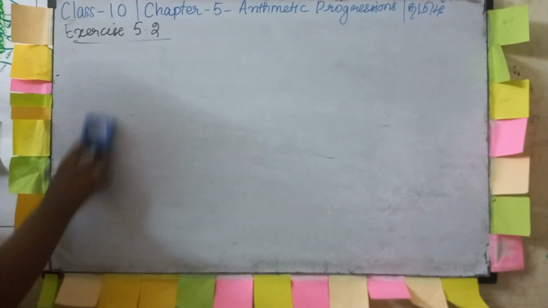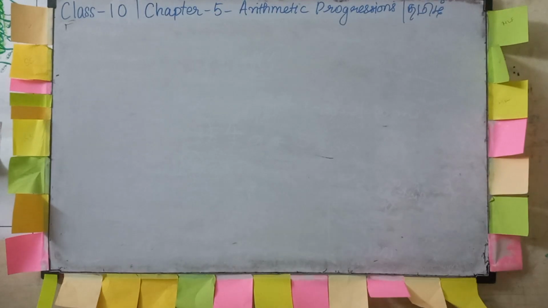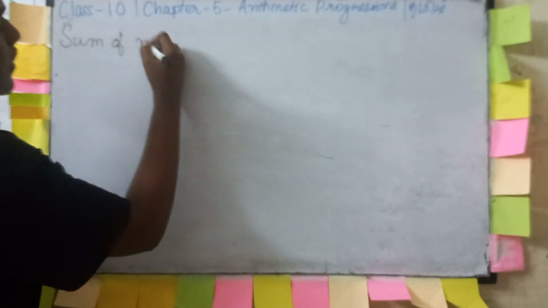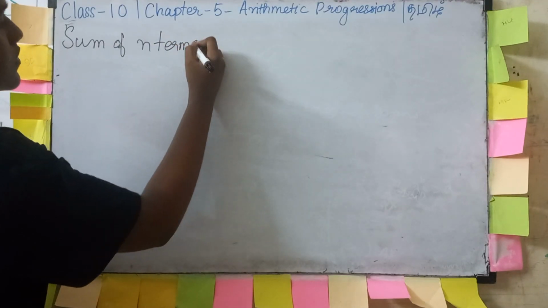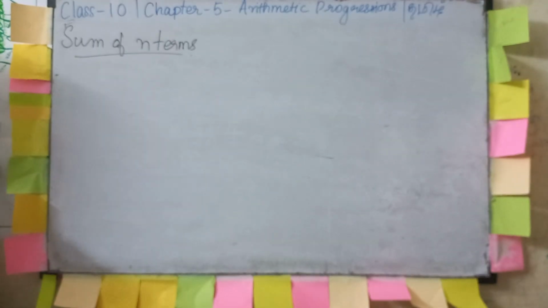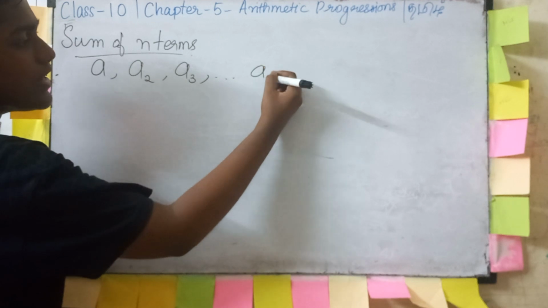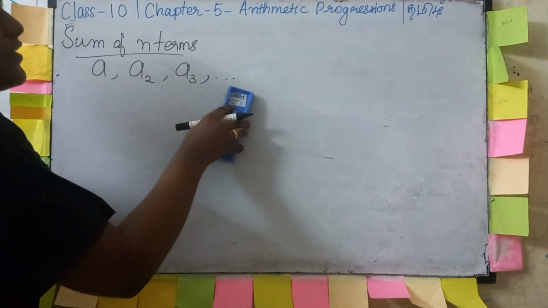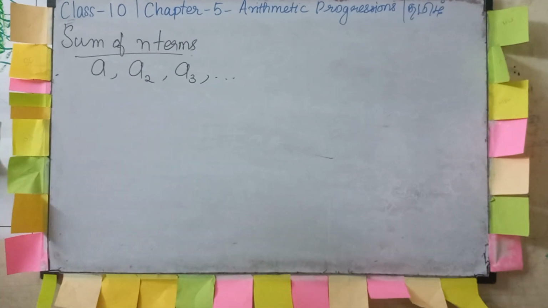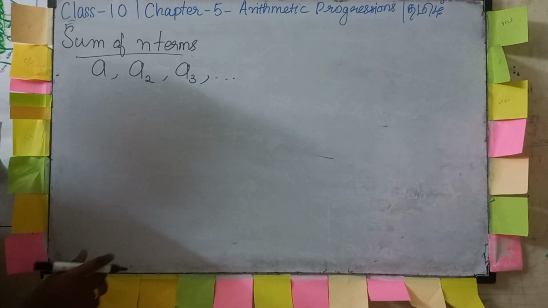The last concept, which is quite easy: there are two types of sum of n terms. Let's take an AP like A1, A2, A3, which goes on till A n, or else which goes on as an infinite AP.